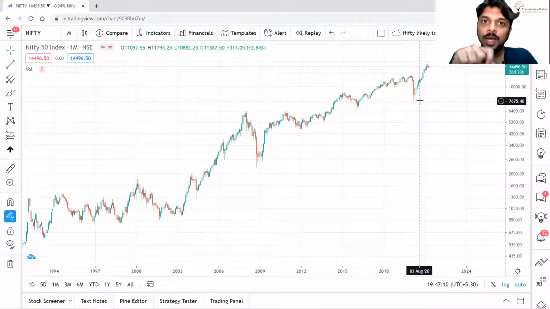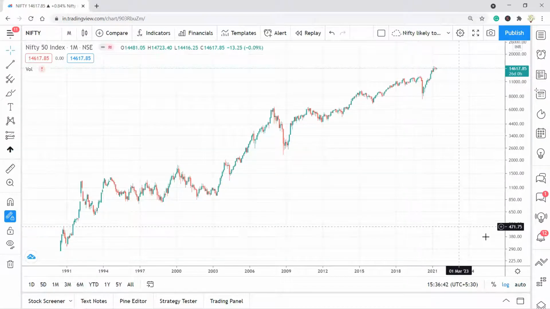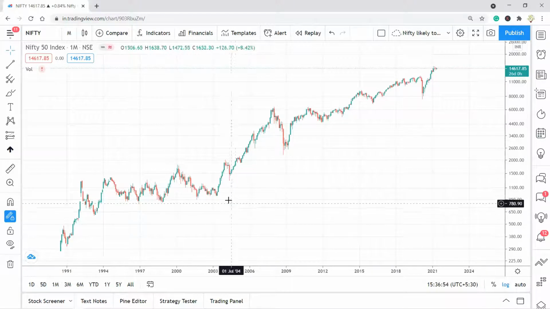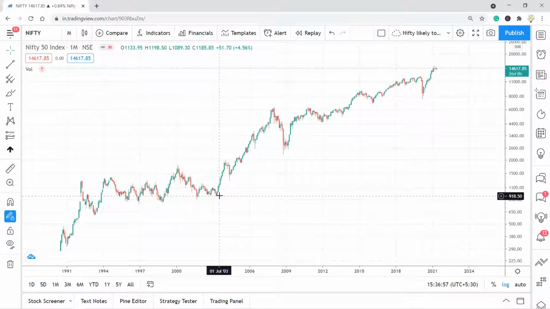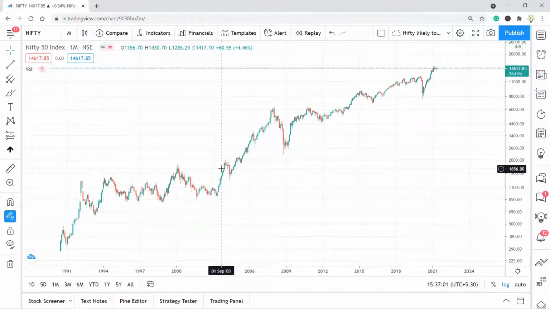Why is this happening? Because in the logarithmic scale, the y-axis is divided based on percentage price change or percentage price move. Let's simplify this. This price is 900, let's say. If price moves from 900 to 1800, the percentage price change is 100%.